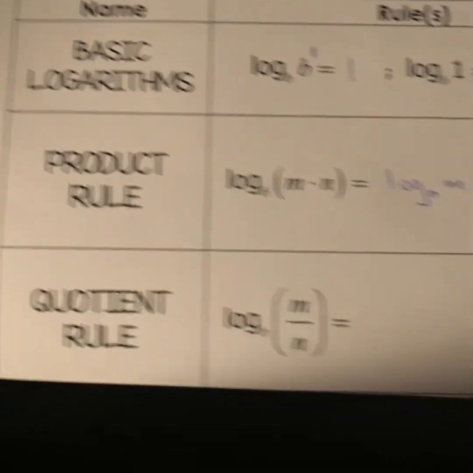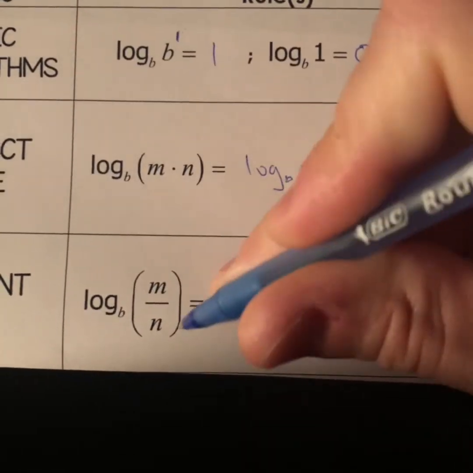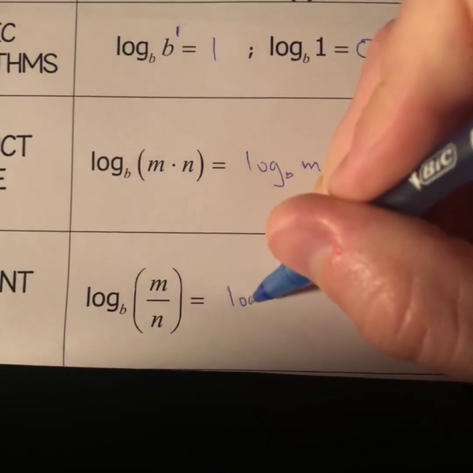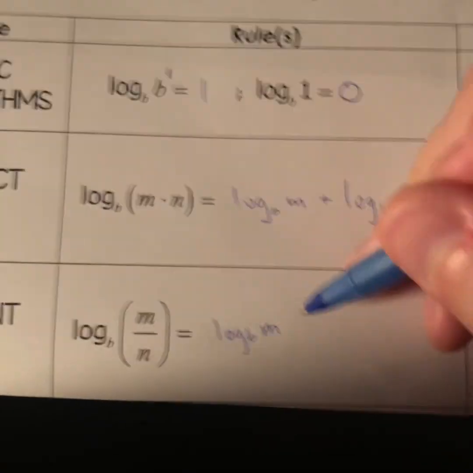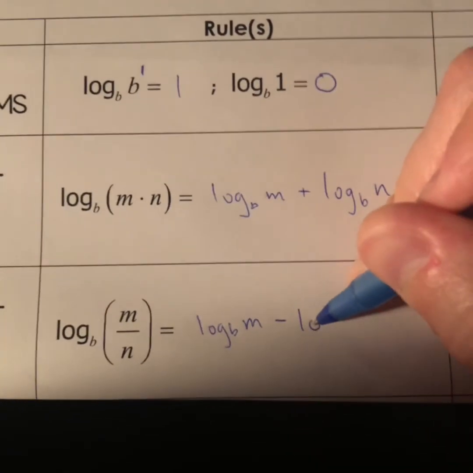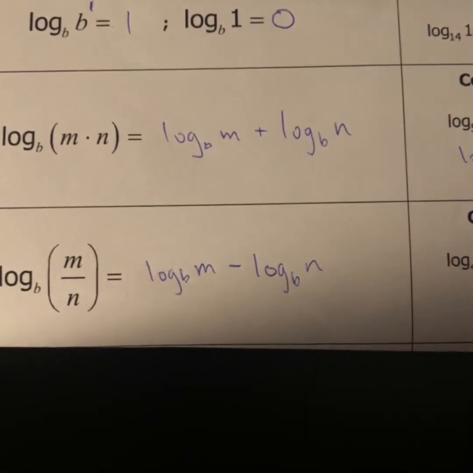The answers will vary on those. Quotient rule, moving on down the list here. Quotient rule, we have log base b of m, and division turns into, you got it, subtraction, log base b of n. So division turns into subtraction, and vice versa.